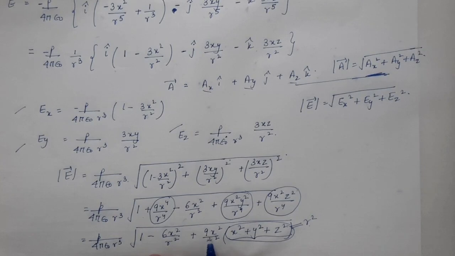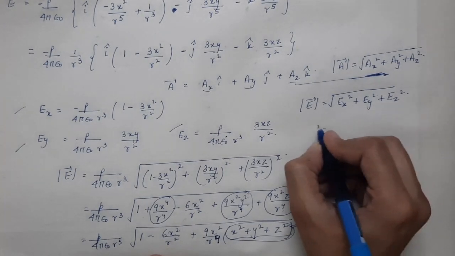So we will be just left with 9x square. Here we will have r power 4 as common. So we are taking r power 4 common. So inside the bracket we will have x square plus y square plus z square, and this will be equal to r square. So this r square will cancel with r square in the denominator.